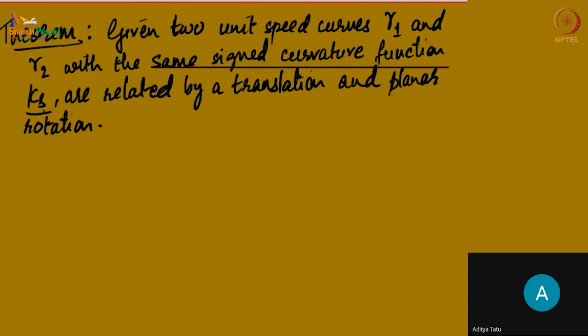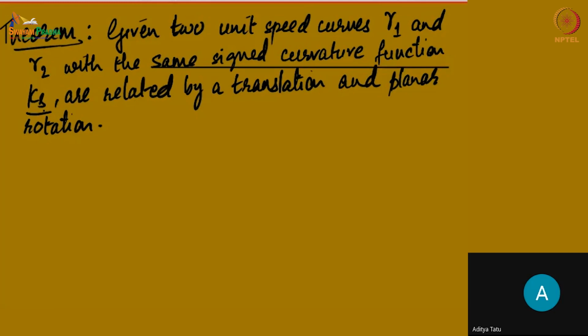Okay, is the statement clear? The theorem tries to address this question. I give you two curves which have the same signed curvature function. Then it's trying to address this thing, that how different can these two curves be?